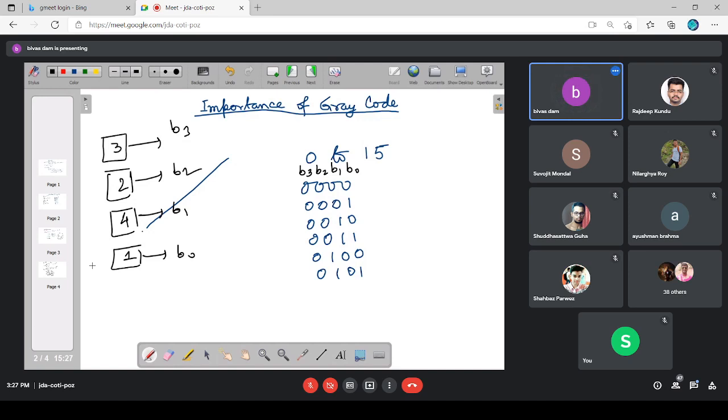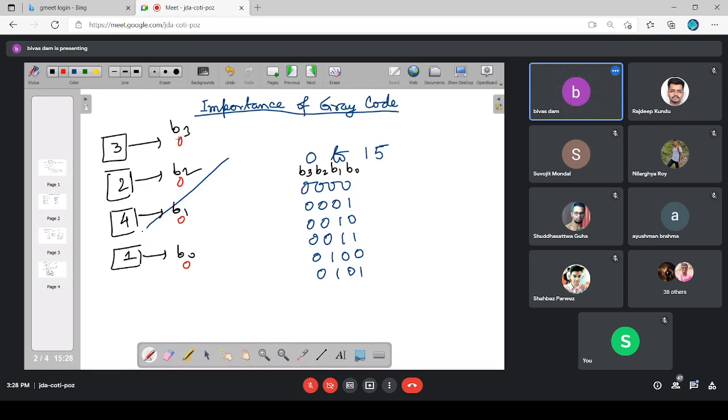Fine. Now, initially, the temperature was 0. After that, the temperature is increasing linearly. So, what will happen? When the temperature was 0, what was the output available in B0? 0, 0, 0, 0. B1 also 0, B2 also 0, B3 also 0.